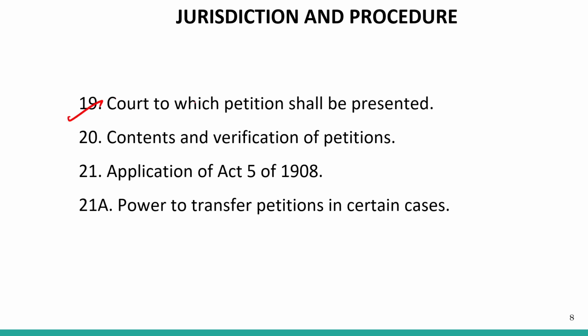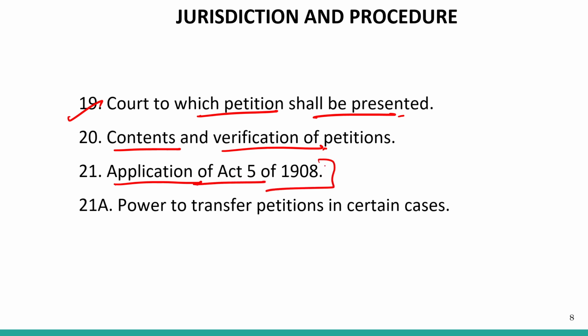Court to which the petition shall be presented. That is something which we'll be studying superficially, because you are not supposed to understand which court they have to go to. Then contents and verifications of petition, that is something we'll be studying superficially only. Application of Act 5 of 1908, this is talking about the code of civil procedure, that whatsoever directions or court proceedings will take place, it will be according to the code of civil procedure only.